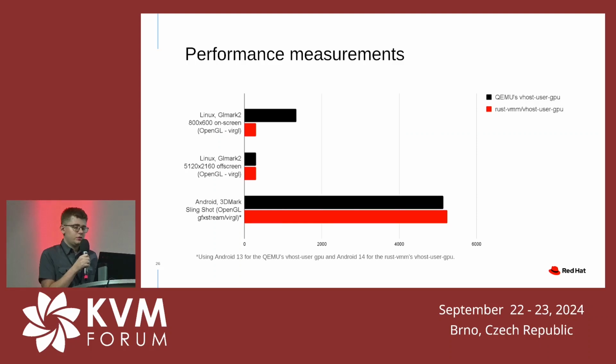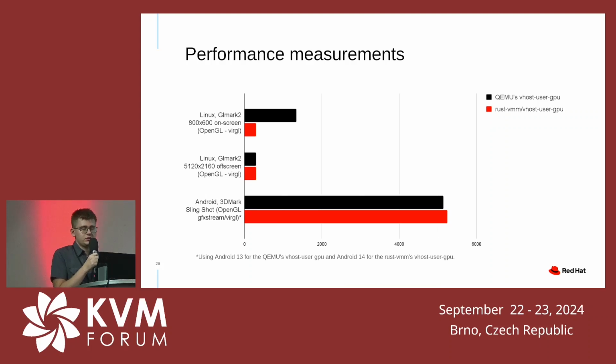Our implementation of the GPU doesn't handle the rendering itself. It offloads that to the gfxstream or virglrenderer libraries, but we still ran some benchmarks to ensure that we aren't doing anything slow. And here you can see that when running glmark off screen, which is the second line, the performance is about the same.